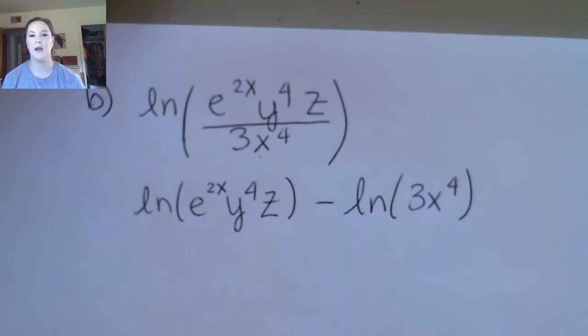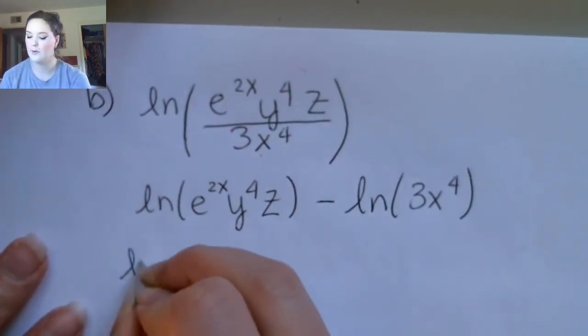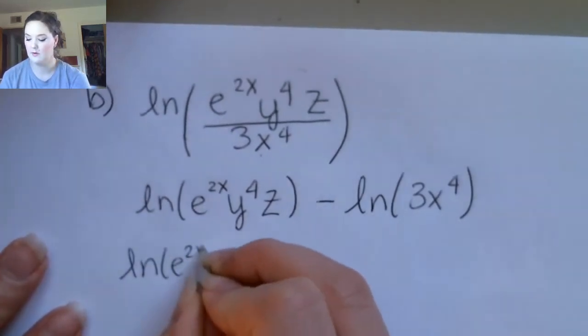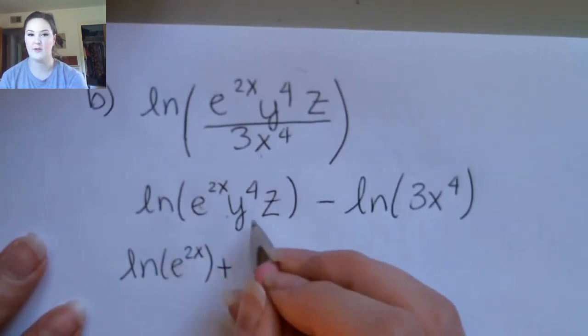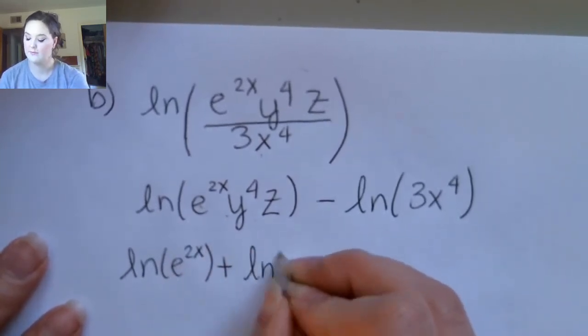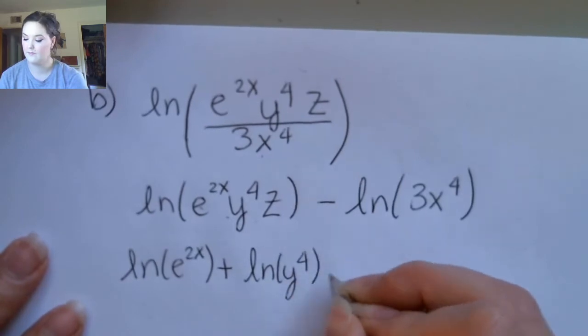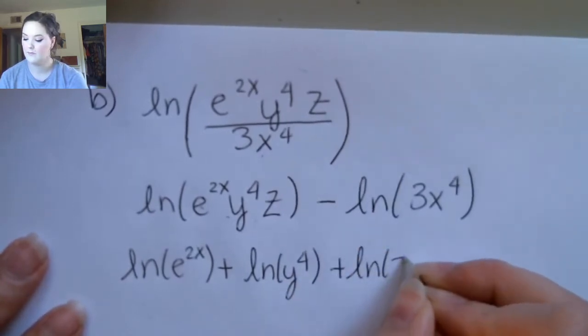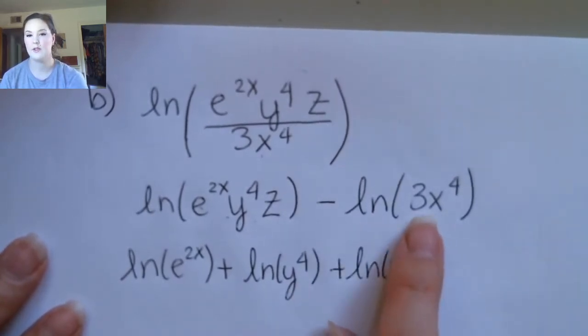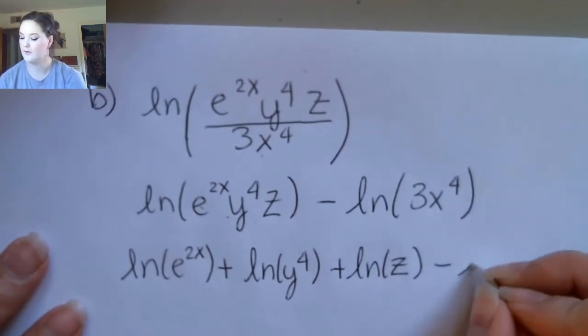Okay, and then now we're going to split each one of those up, because this is still a product, right? Okay, and then we're going to split up this product also.